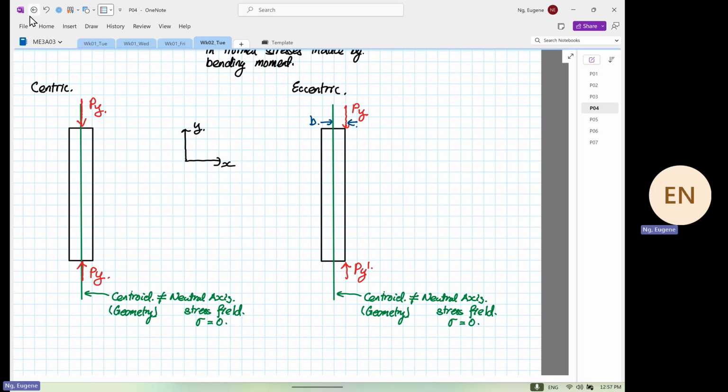Straightforward. So we have a set of formulas that we're going to apply for centric buckling. Okay, we have to derive a different set of formula again for eccentric buckling. But the way to derive the formula is very similar. Okay, so let's start from something simple first.